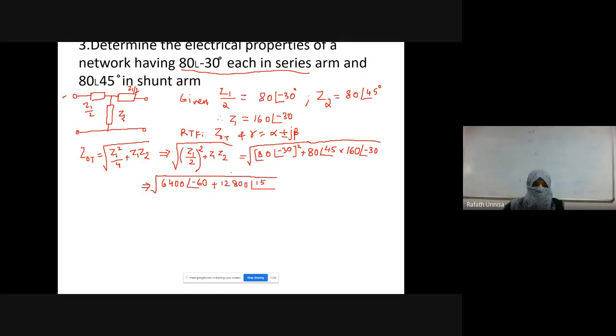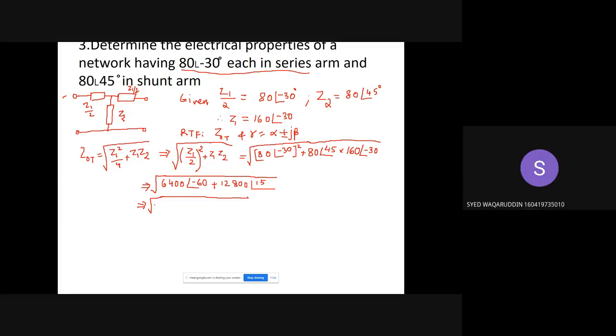Okay, so now you see both the terms are in polar form, so addition is a bit difficult for us. At that time what we will do is convert this polar form into rectangular form, is it not? So now convert 6400 at an angle minus 60 into rectangular form and give me the answer. 3200 minus j5542.562.